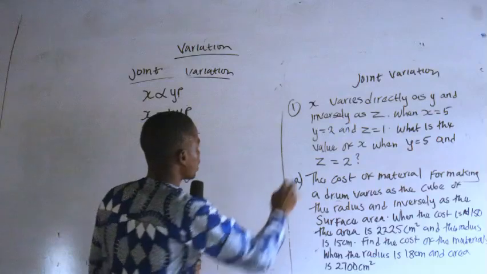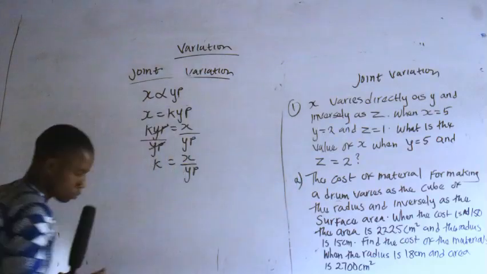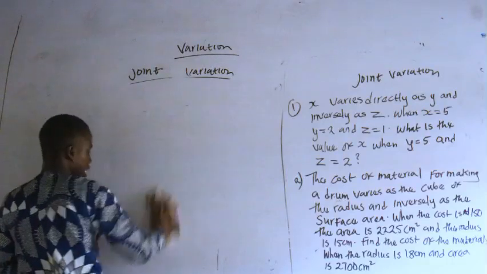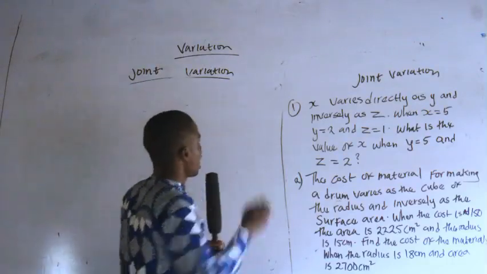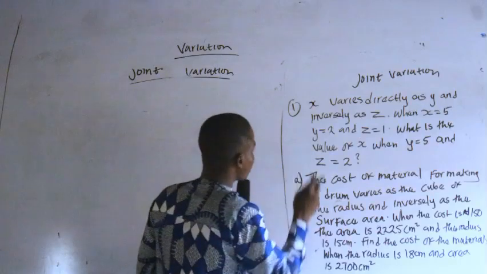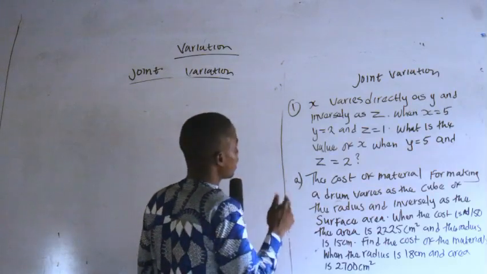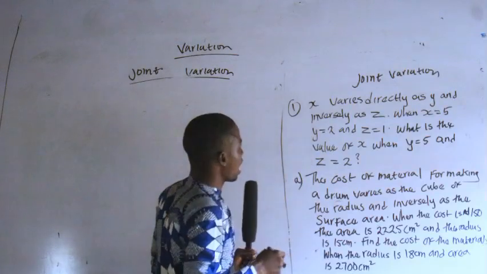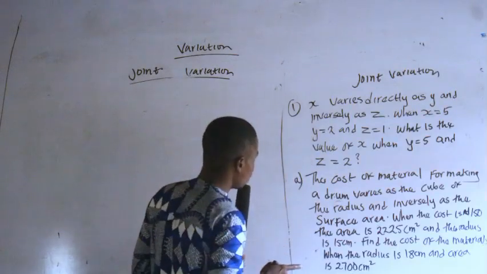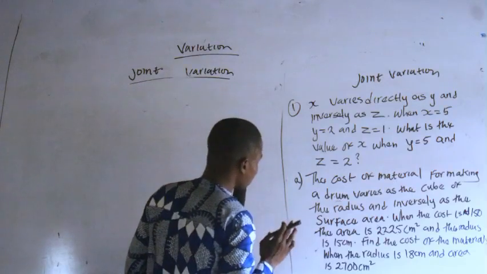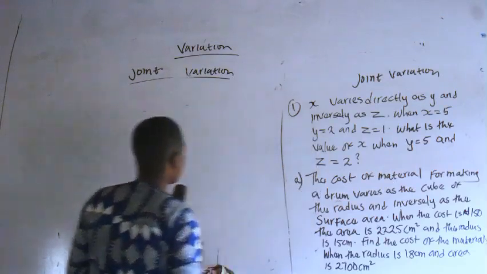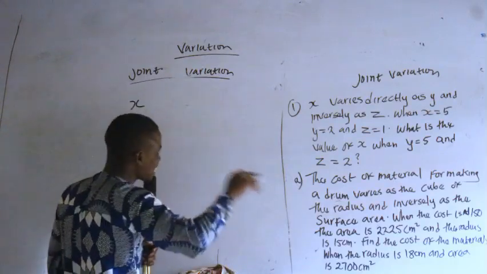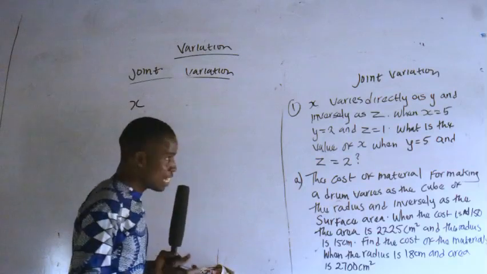Now let us look at this as an example, so that we can really understand what is going on here. X varies directly as Y and inversely as Z. Look at it now. It's two things happening here. We have talked about direct variation.